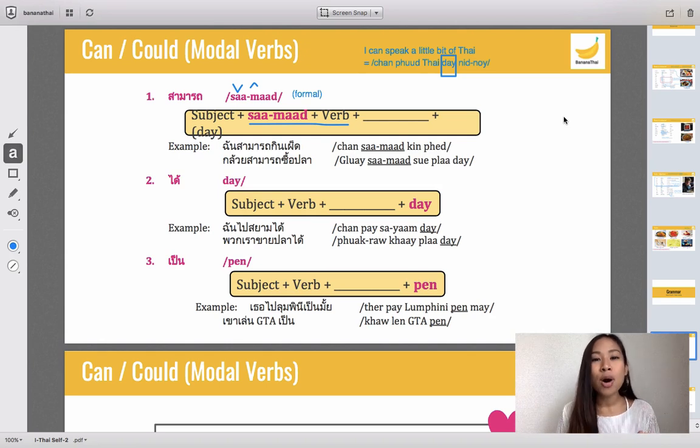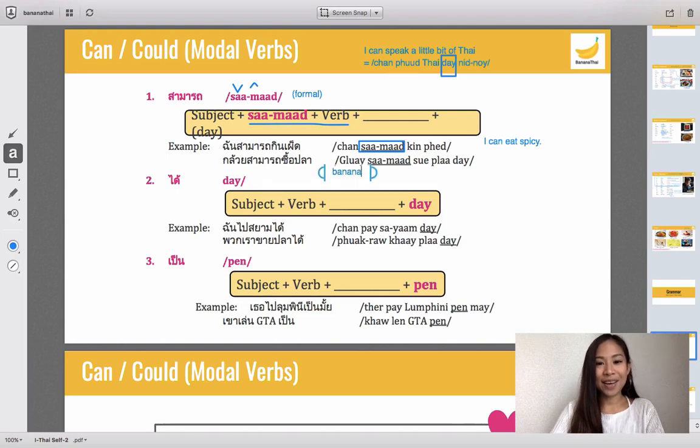For example, ฉันสามารถกินเผ็ด. ฉัน is I, สามารถ is can, กิน is eat, เผ็ด is spicy. So you say I can eat spicy.